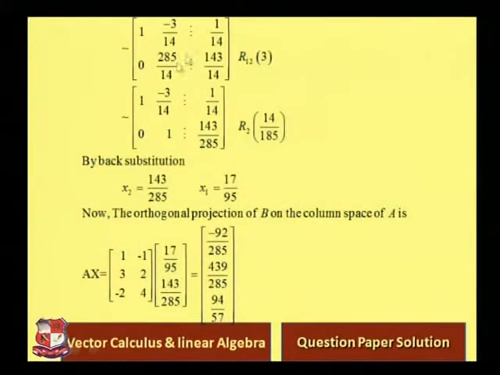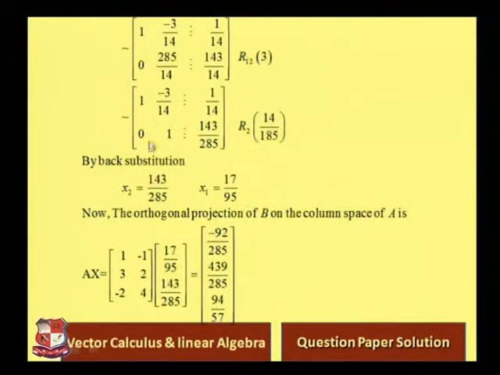Now the next leading one is here, 285 divided by 14, because the next leading one is in the next row and next column, and this is non-zero, so we get the last leading one here. So multiply 14 divided by 285 here, and this converts to 1. Similarly multiply here, so 14 divided by 285, not 185, this is a typing mistake.